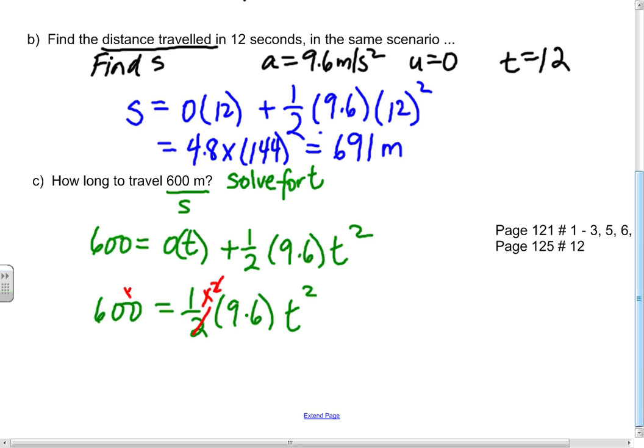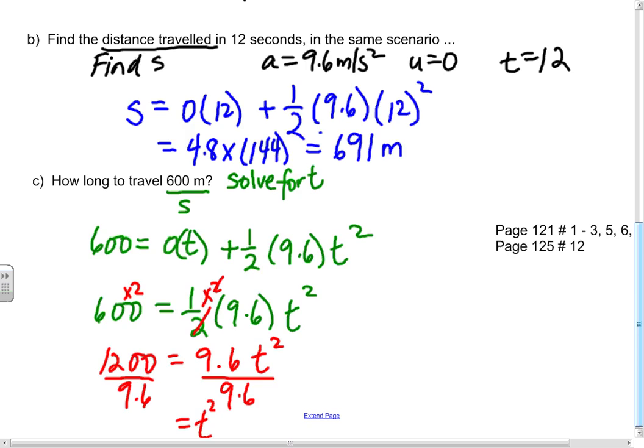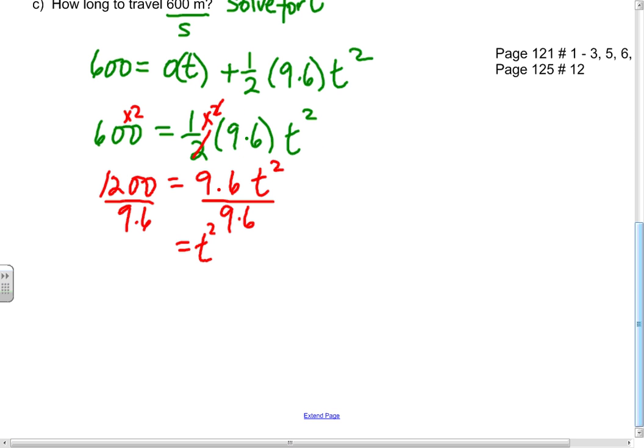So I have 1200 equals 9.6 t squared. I would divide both sides by 9.6. And that would give me my t squared. 1200 divided by 9.6 is 125. I'm going to take the square root of both sides, so that will give me t is the square root of 125.